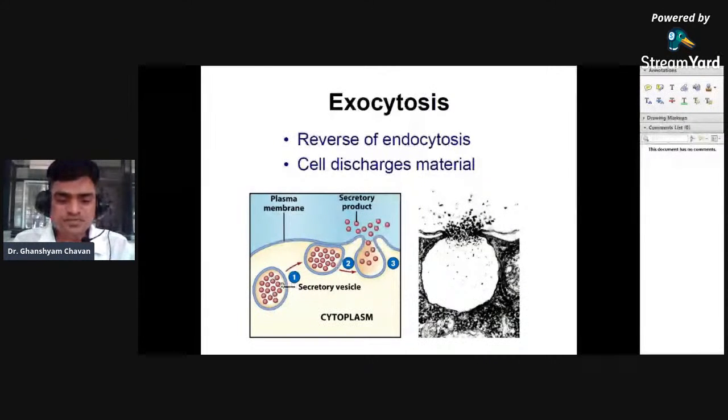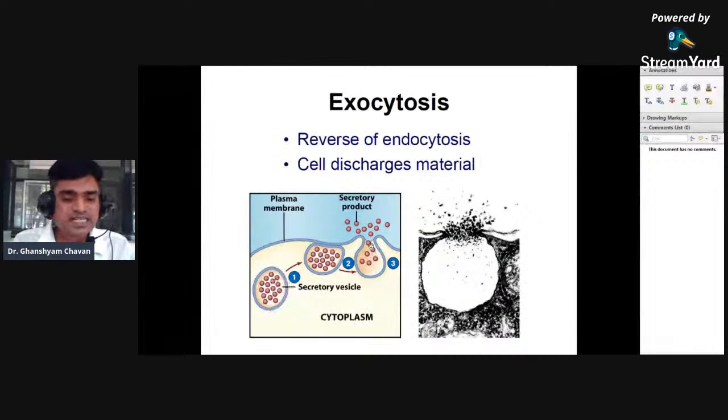The same process also occurs in the case of neurotransmitters. When neurotransmitters are released from the synaptic vesicle through a neuron, in the same way in this secretory vesicle the neurotransmitters are available, like acetylcholine, noradrenaline, or dopamine, and they are collected in the sac.